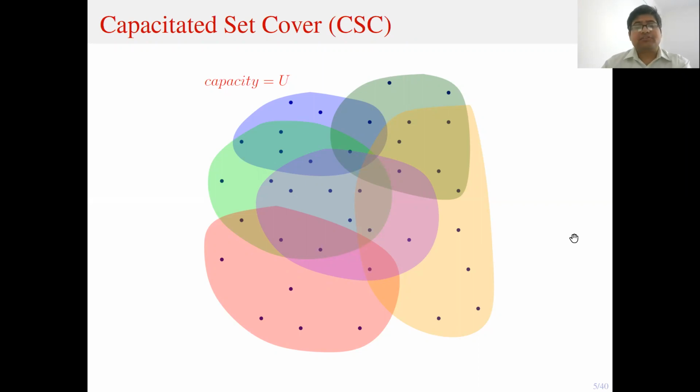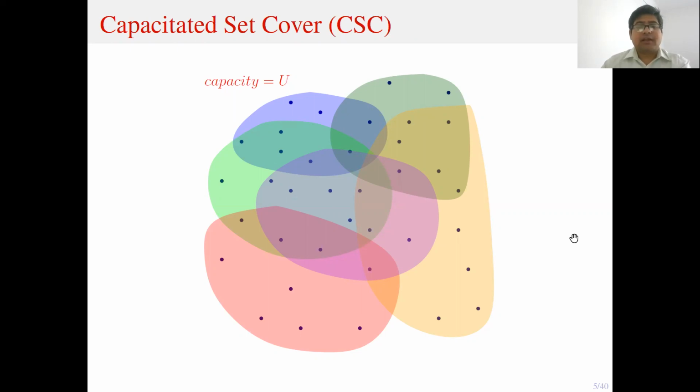That means each set can cover at most u elements in this version of the problem. And then the goal is again the same. We would like to find a minimum size subfamily which satisfies the capacity constraints.